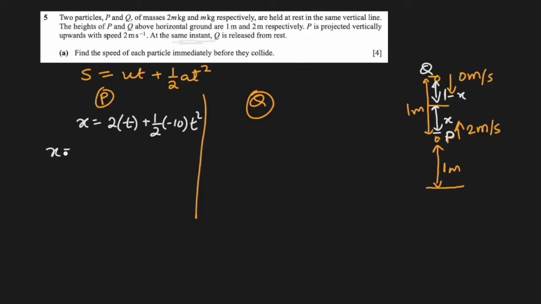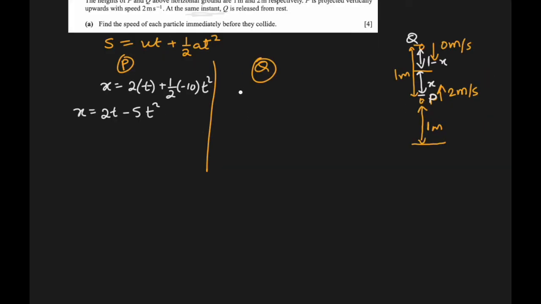So x comes out to be 2t minus 5t square. For Q, it will be 1 minus x equal to u, which is 0, times t plus half, and this time it is going with gravity, so it will be positive, t square. This can cancel here. 1 minus x is equal to 0 is gone, 5t square.